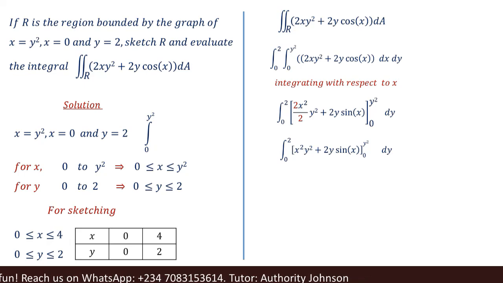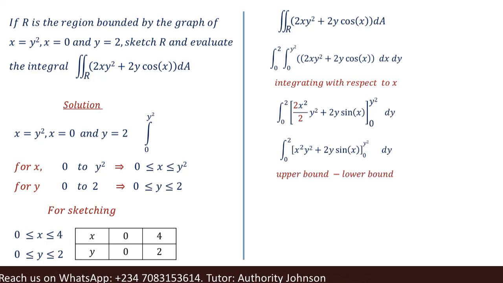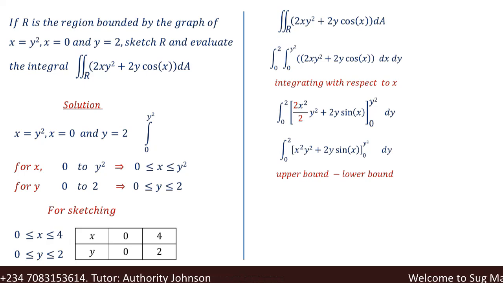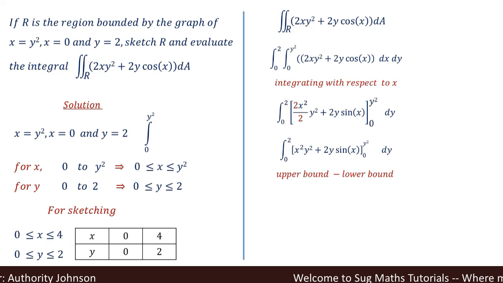From here, you can insert the upper bound minus the lower bound. So when we insert the lower bound, which is 0, everything will be 0. So there is no need. So we only substitute for the upper bound, which is x is equal to y squared.